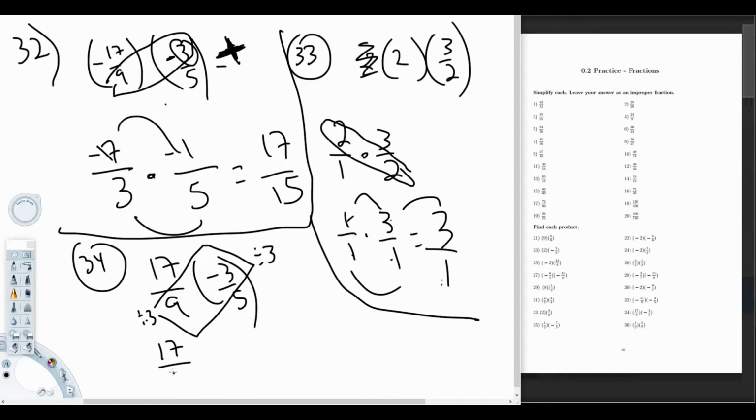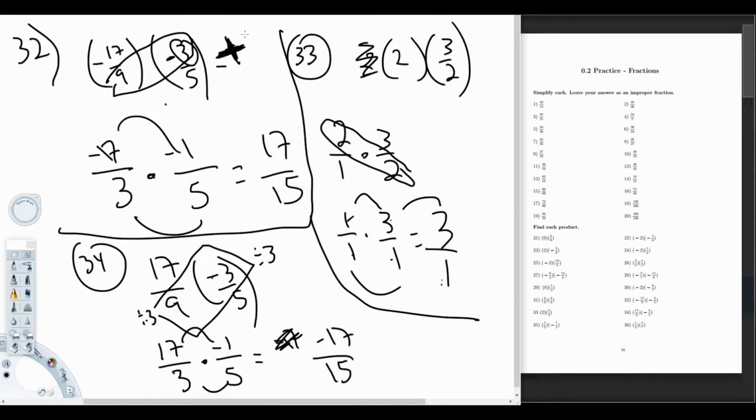Then we have negative 3 divided by 3 is negative 1 over 5. And then we can straight multiply. Negative 17, all right? And 3 times 5 equals 15. Looks very similar to an answer. It looks similar to problem 32, except it's not negative. All right, that's good, number 34.